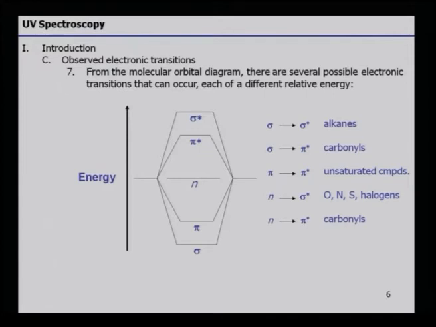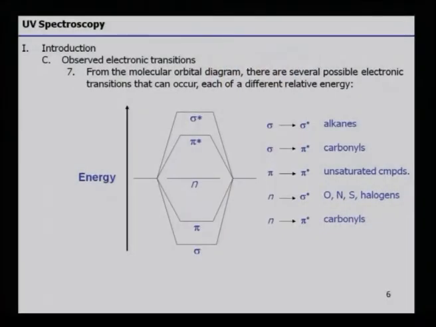If we look at sigma to sigma star, it means it consists of all single bonds, which represents alkanes. If we look at sigma to pi star, we must understand that this is a kind of heteroatom-containing bond, that is the carbonyls.